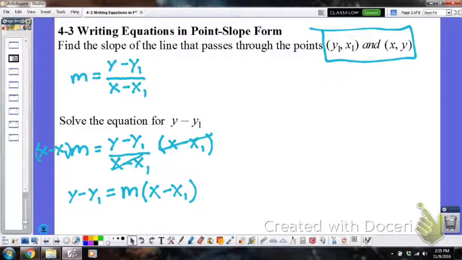And because, ladies and gentlemen, this equation has 2 real points, the (x1, y1), that's an actual point, and then a general point of (x, y), I can use this as an equation for a line. And this is what we call the point slope form equation of a line.